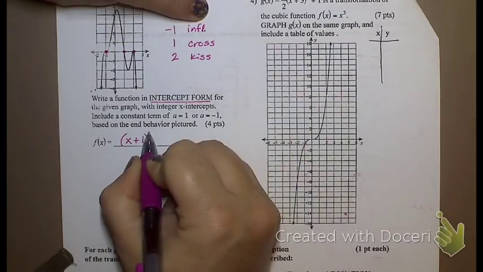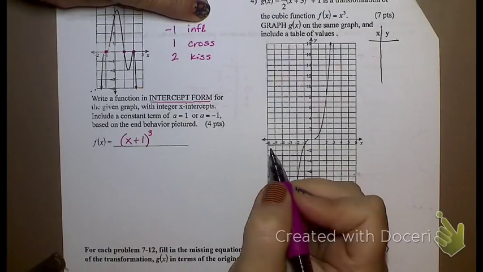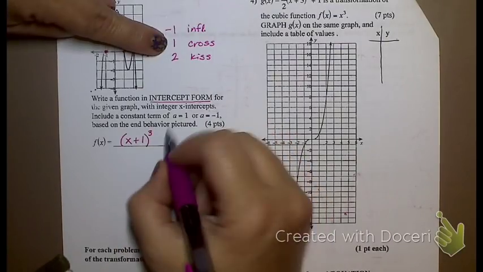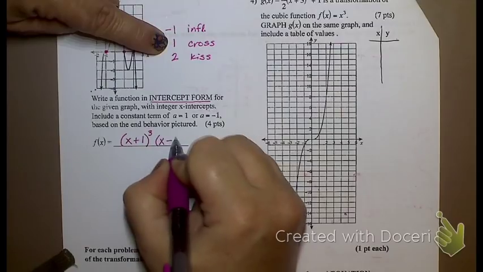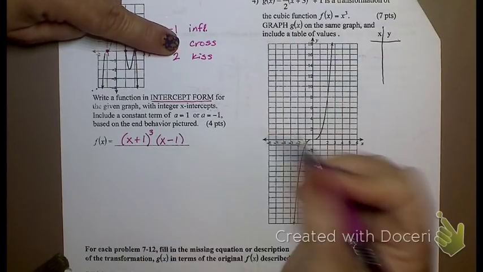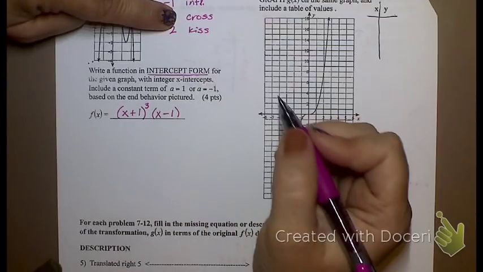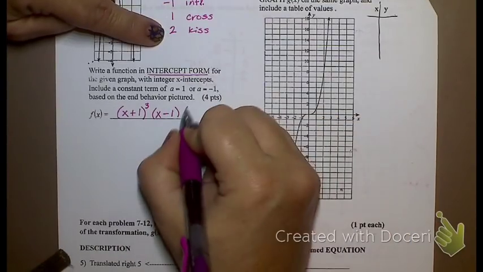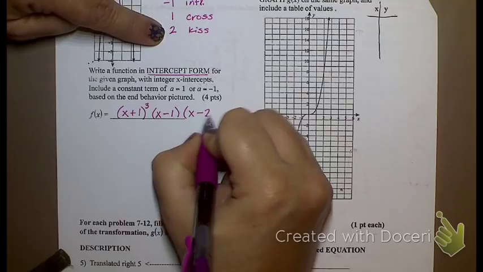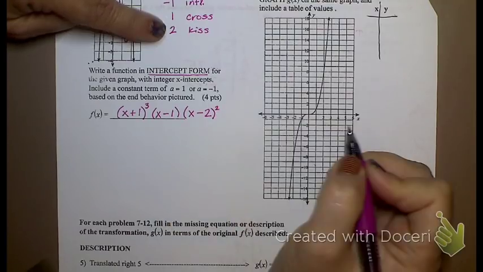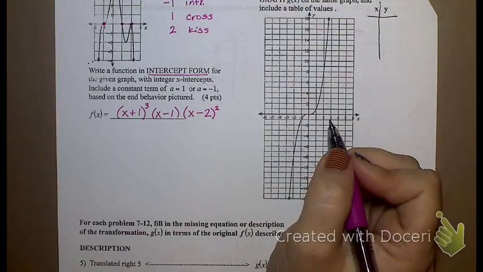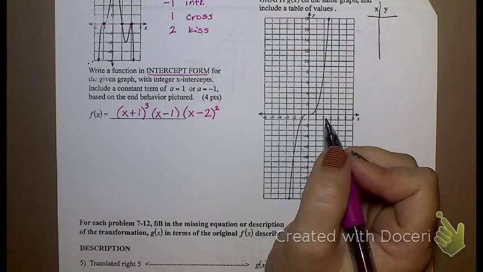And since it's an inflection, it's going to be to the third. Intercept of 1 is going to look like x minus 1, and a cross means it just has no exponent. It has an exponent of 1. And then finally at 2, that's going to look like x minus 2, and a kiss means it's got to be to the second power. Was that terribly difficult?